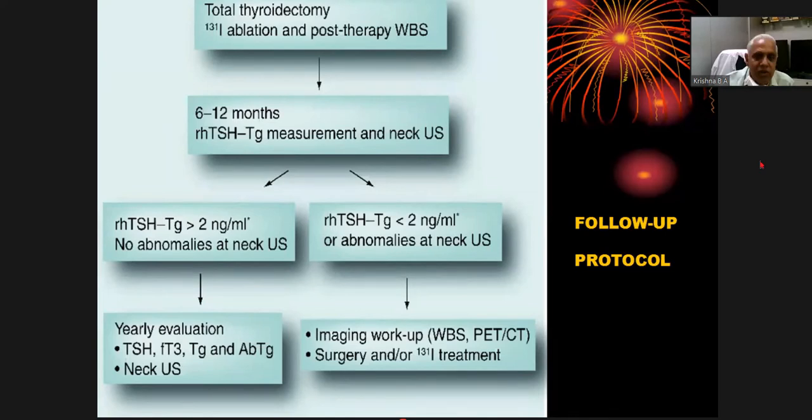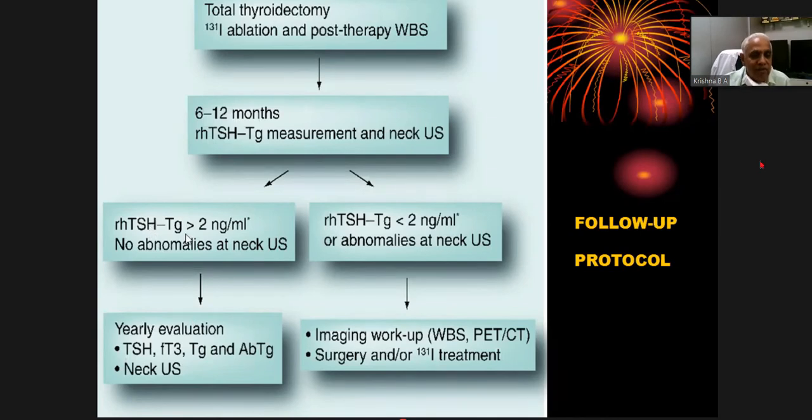After that, I normally give a gap of 9 to 12 months, then do either a withdrawal TSH and thyroglobulin assessment and neck ultrasound, or if the patient can afford it, you can use rhTSH, thyroglobulin and neck ultrasound, and if they are normal, you just hang on with the thyroxine.